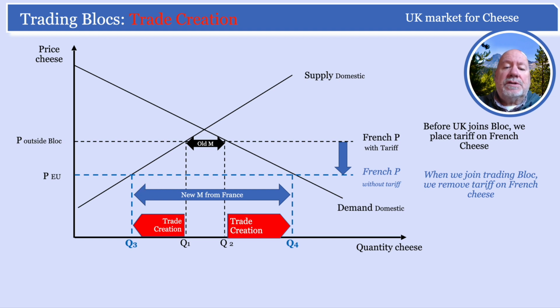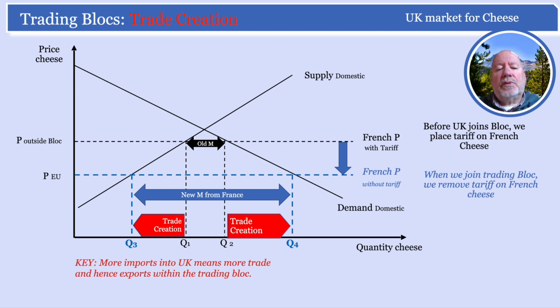So these two quantities here are known as trade creation. Trade has been created. Now it's an increase in imports, obviously, in the UK, but any imports that are coming into the UK from the trading bloc are the exports of the French cheese industry. So exports have risen within the trading bloc.